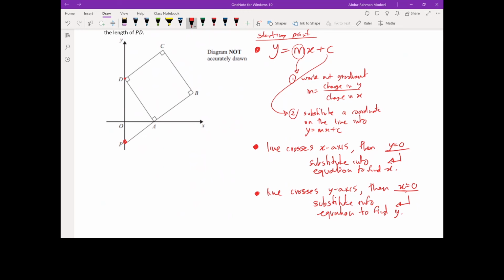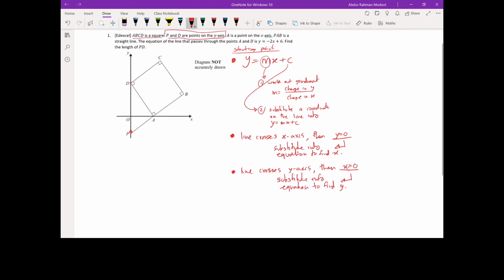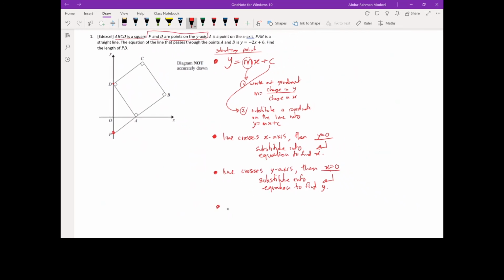So kind of overall strategy, and some other things we know is if we have parallel lines, what do we know? Good. Parallel lines, same gradient. And perpendicular lines, as you've said, negative reciprocal, not just the reciprocal.